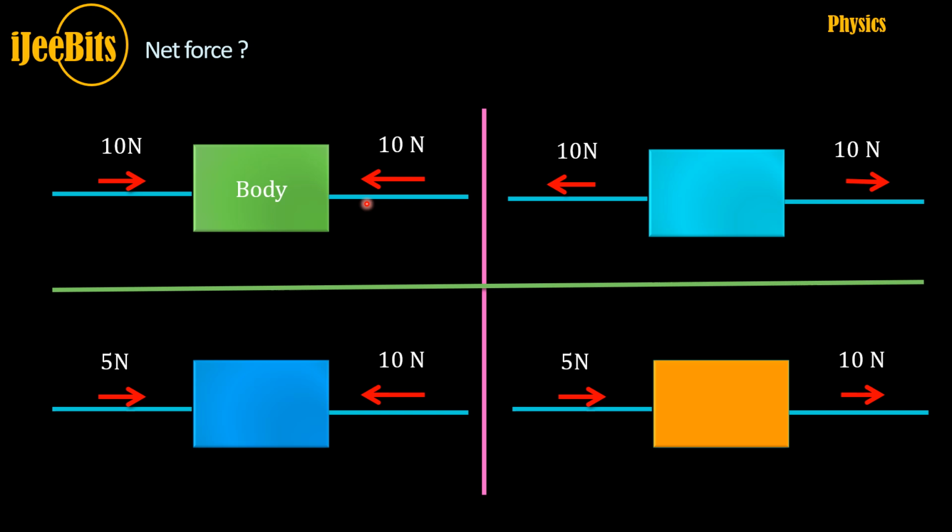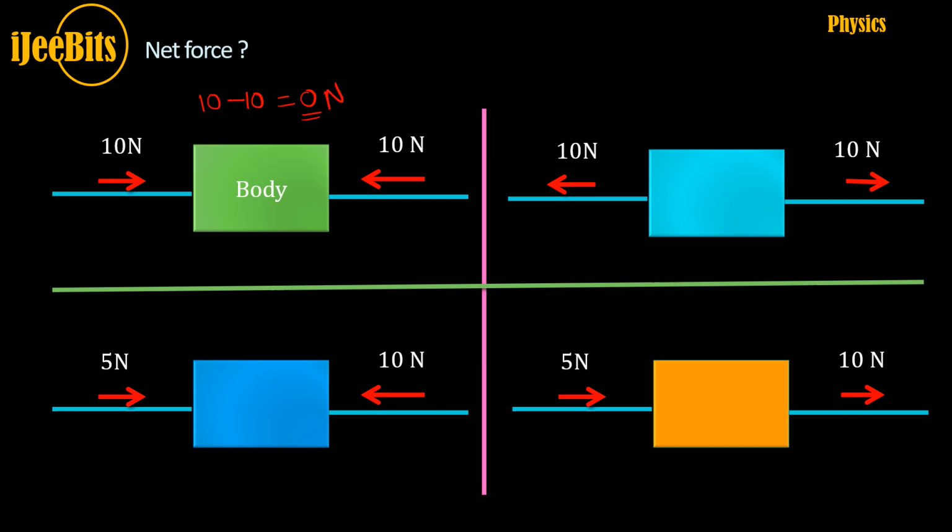So 10 and 10 in opposite directions, this is a positive 10, this is a negative 10, right? So net would be 0. The net force applied on the body would be 0 because the applied forces are of equal magnitude but opposite direction. This is how you see the resultant would be 0 newtons.